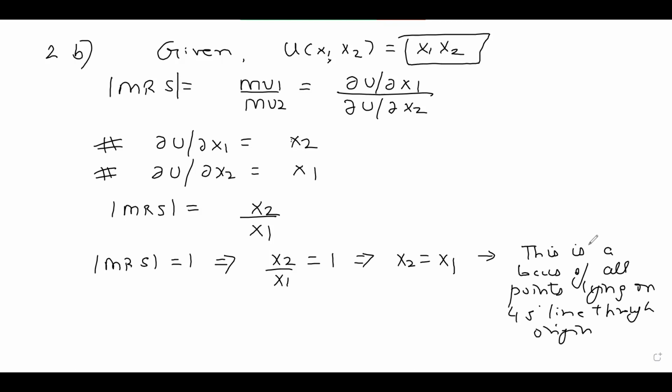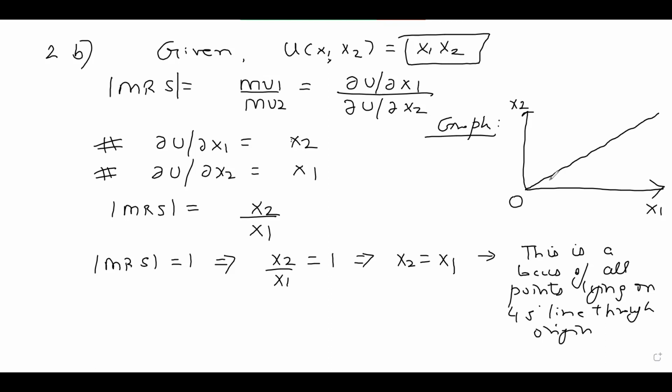How do I plot x2 equal to x1? The graph looks like this. On the horizontal axis, x1. On the vertical axis, x2. x2 equal to x1 is exactly a 45-degree line passing through the origin.